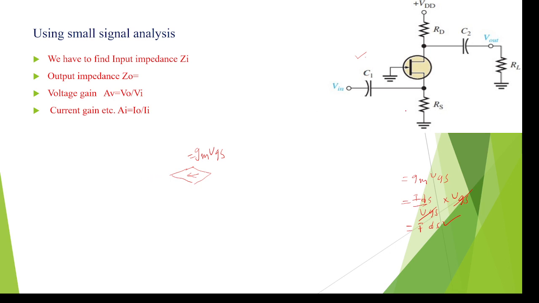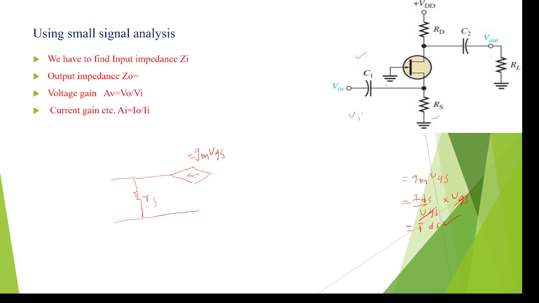Coming to the input side, we are giving the input across the source. On the input side, only one resistance is there, so we draw this as RS.